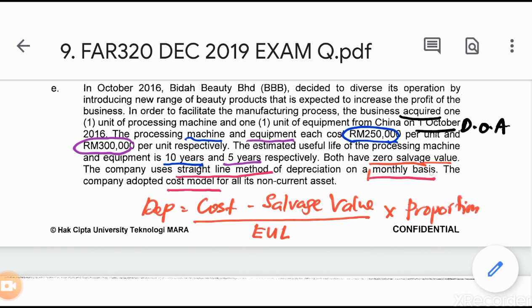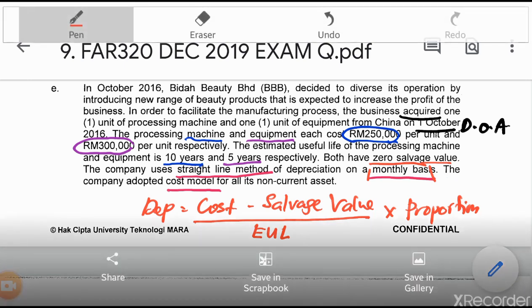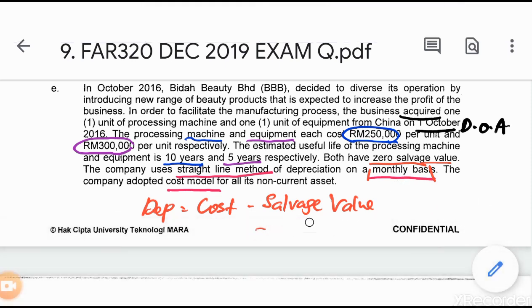Why? We have the monthly basis. Okay, I hope you got that. That was from your previous knowledge. So we'll erase this.